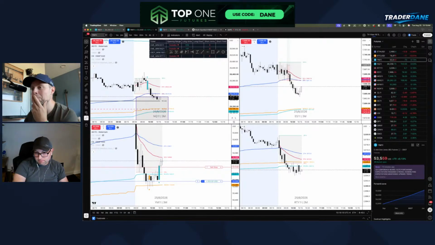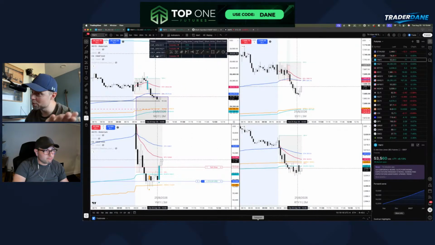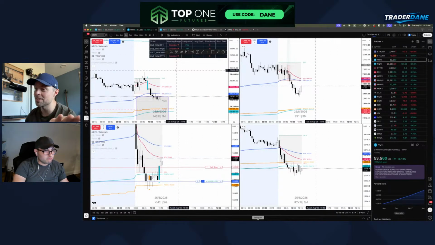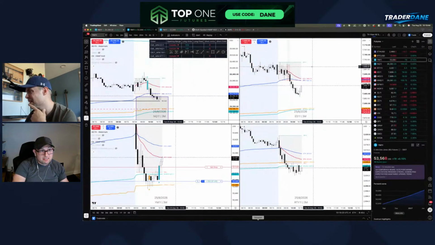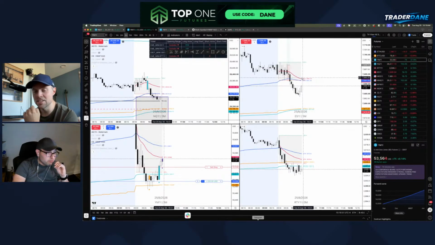We're stuck. Again, I would say beautiful double break if we come back and reclaim RTH and ES. Would you agree? Yeah. I like it when the VWAPs kind of converge. You get the stacked levels.